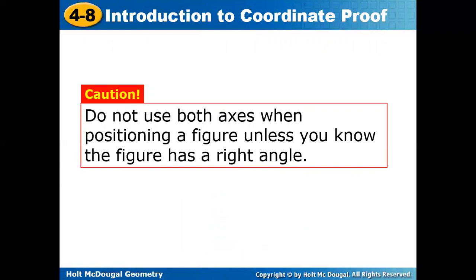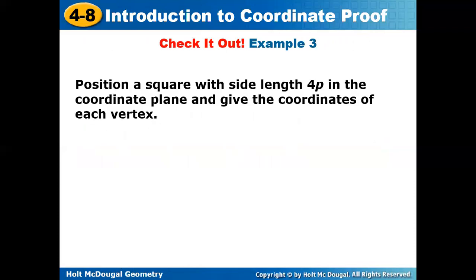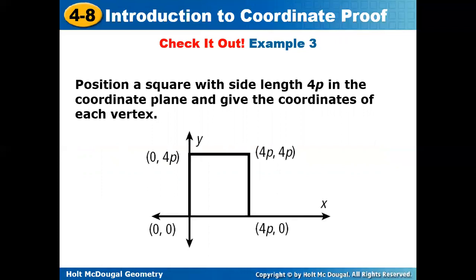Remember, don't use both axes when positioning a figure unless you know the figure has a right angle. Check it out, 3. Stop the video and try to solve it alone, and then check your answer now.